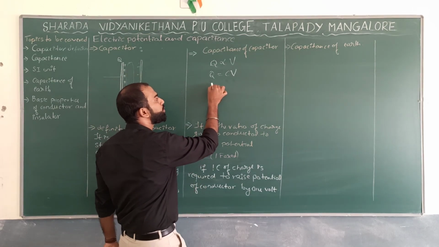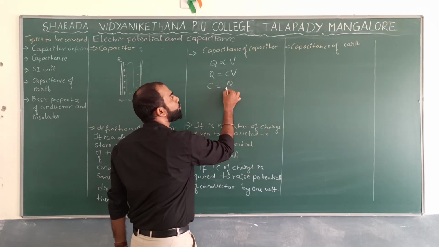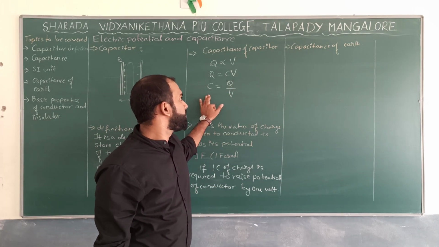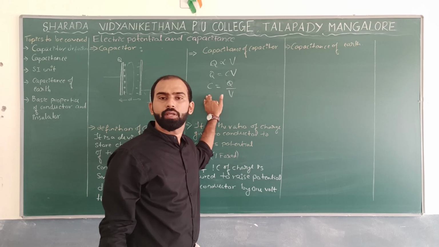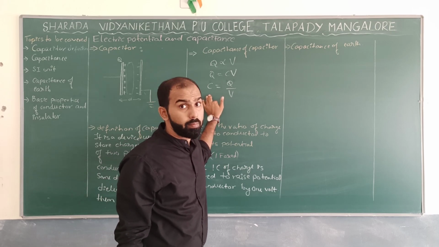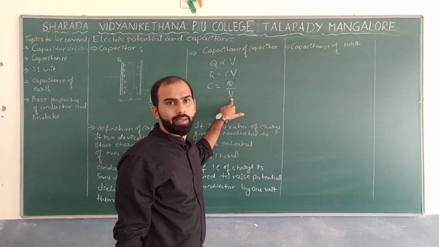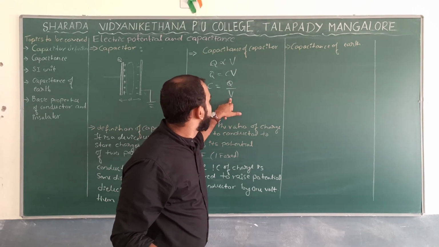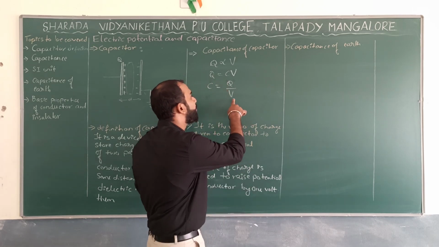So with respect to C, I can write Q by V. Now, what is the SI unit of charge? That is coulomb. What is the SI unit of potential? That is nothing but volt.